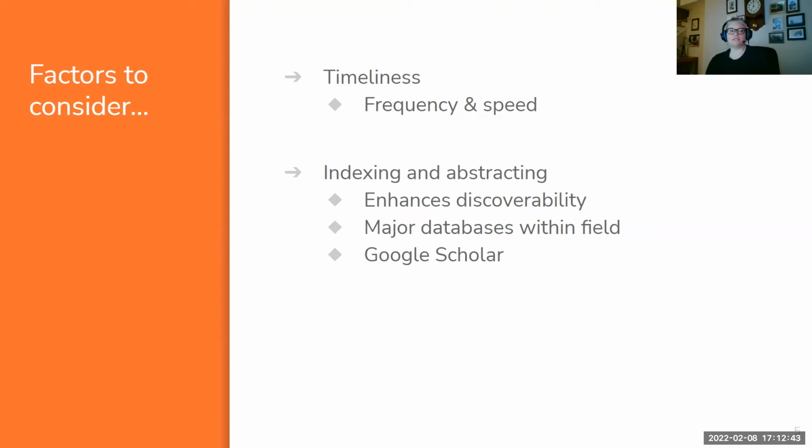This is not to say that if it's a newer journal, it shouldn't be published in, because new journals start up very frequently, especially with so much interdisciplinary research happening. It's important to have these newer journals to be able to meet more niche markets on a certain topic. But sometimes they won't be indexed right away.